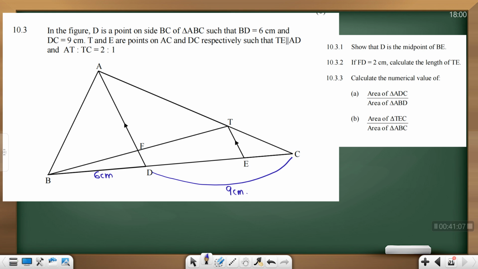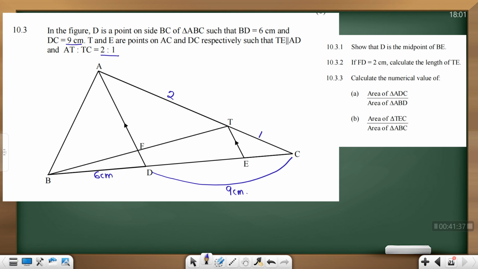T and E are points on AC and DC respectively, such that TE is parallel. Now, please watch this next point. AT ratio TC is 2:1. AT to TC. Please, I want you to listen to this part. If you write it like that, you are wrong. Because I want you to check the difference between the labels. That's a ratio.